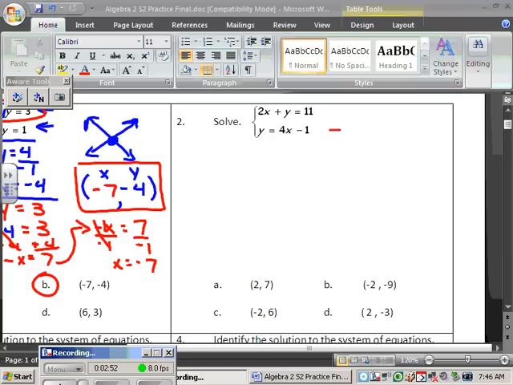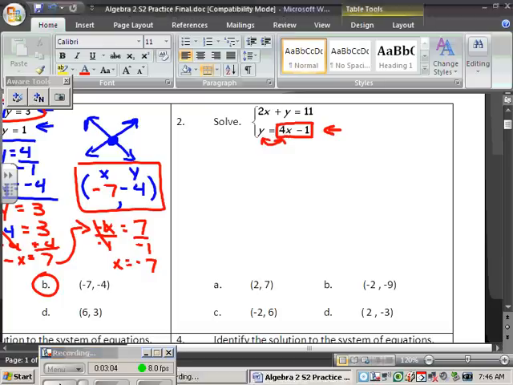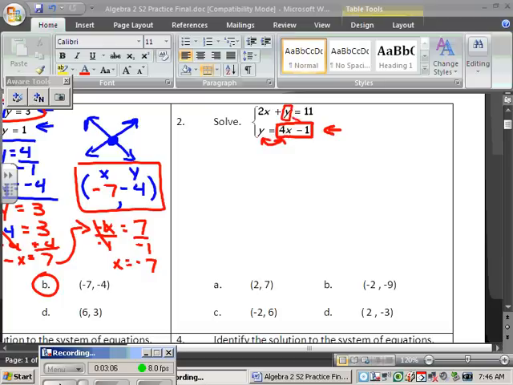If you look at the second equation, it says y equals 4x minus 1. This means that y and 4x minus 1 are equal, or interchangeable. So in the first equation, we can replace the y and put the 4x minus 1, which would eliminate the y in the first equation, allowing us to solve for x.